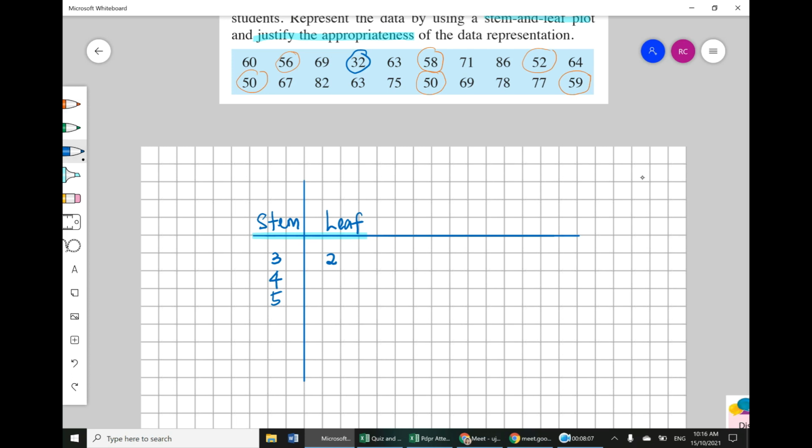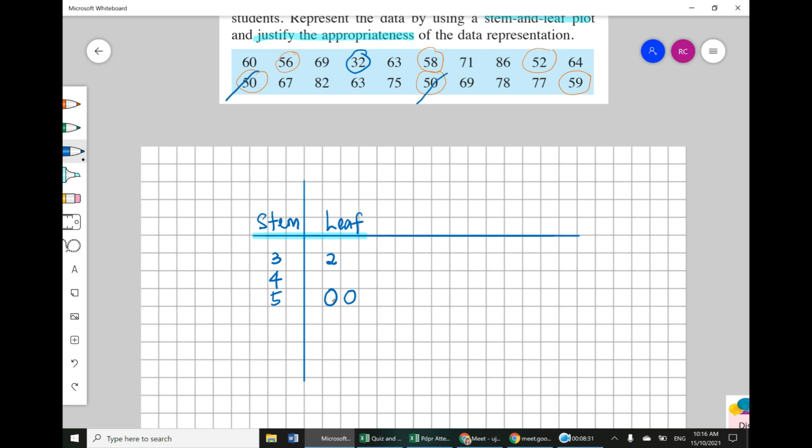Let's carry on. Out of all of these numbers, we need to arrange them in order. I cannot start with 59 first. I cannot write 9 here. We have to arrange the leaf in order, meaning from 0 to 9. So do we have 50? Yes. How many 50 do we have? 2. Okay, so I'm going to write 2, 0 like this, and then I cancel it so that I don't repeat it.